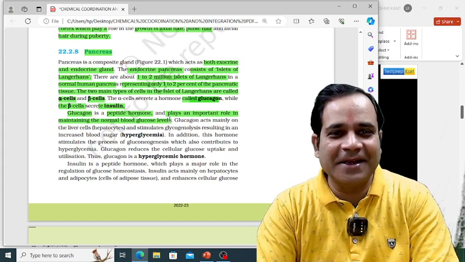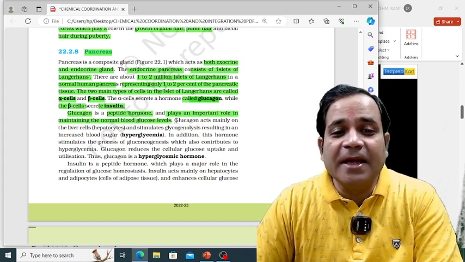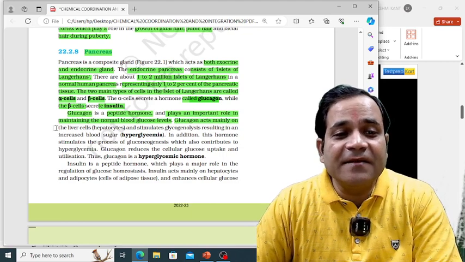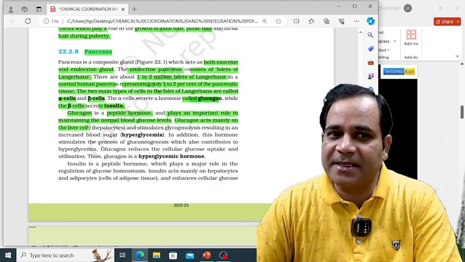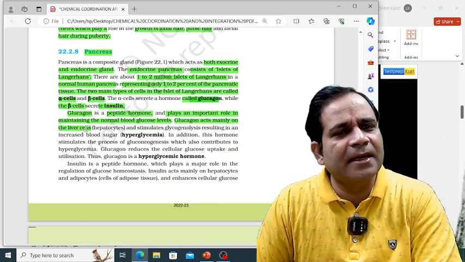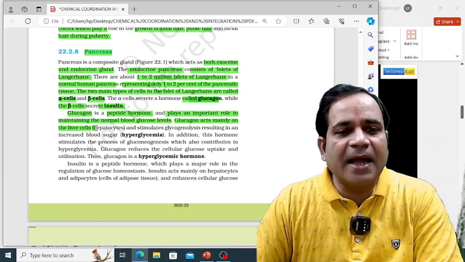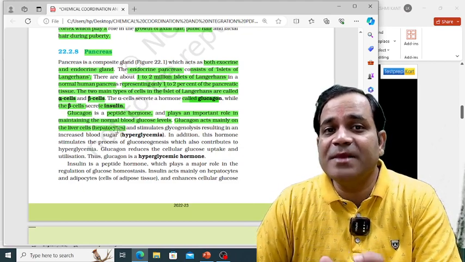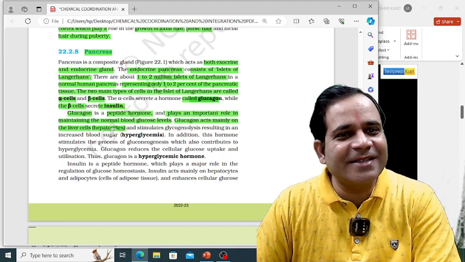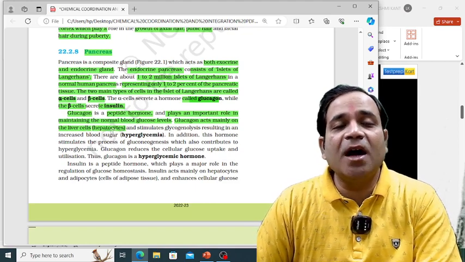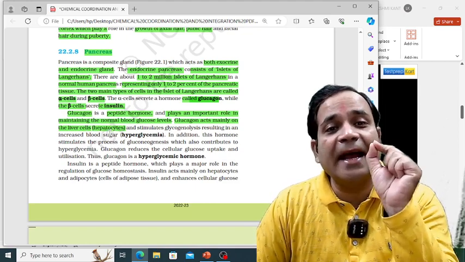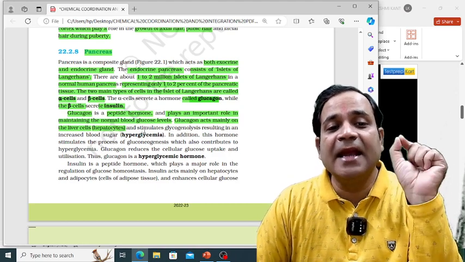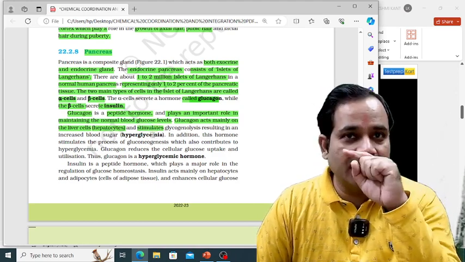Insulin. Getting my point? So the glucagon acts mainly on the liver cells. If I say liver cells, that is what? Hepatocytes. Hepato means liver, cytes means cell. So where does glucagon mainly act? Glucagon acts mainly on the liver cells and stimulates which one thing?